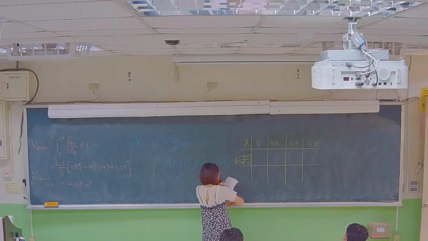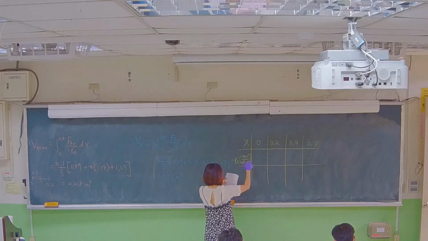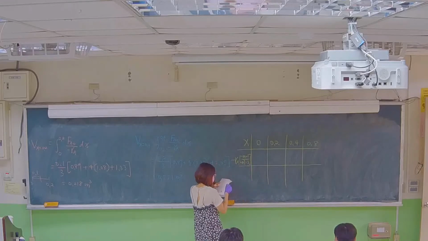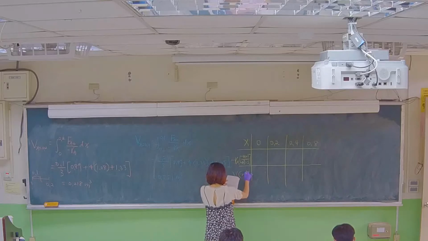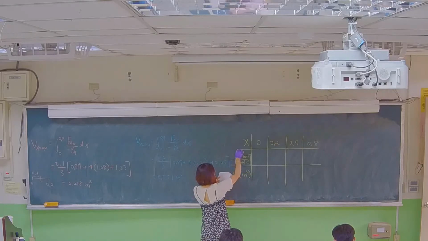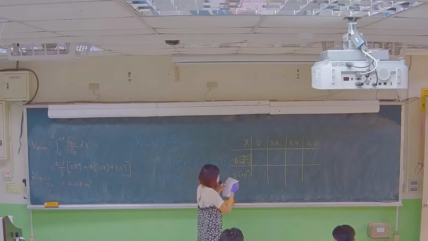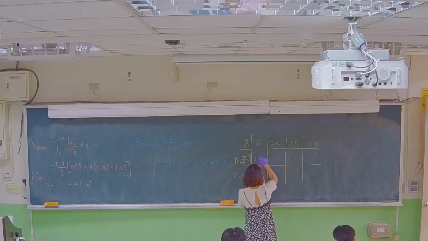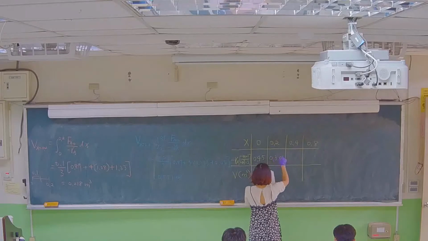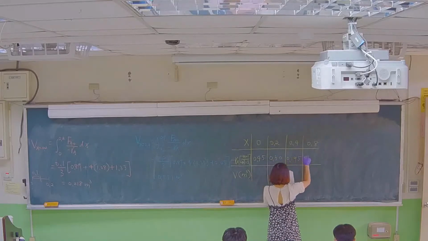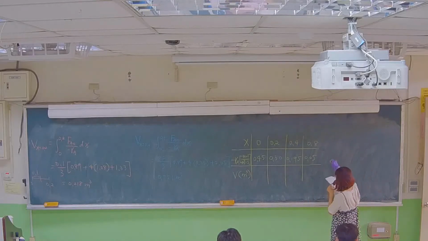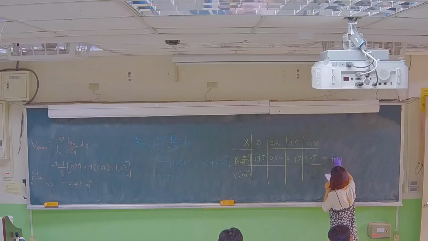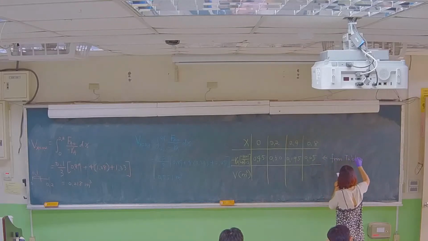Mole over cubic meter per second. The volume we can use, okay, cubic meter. Okay, so let me write down. So this row is from the table, okay?